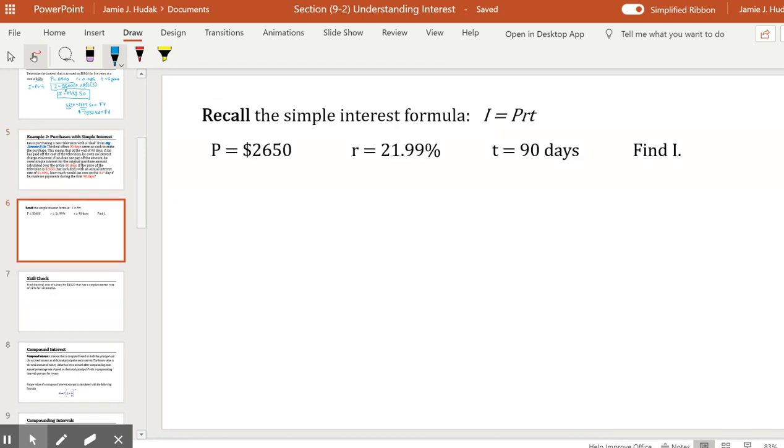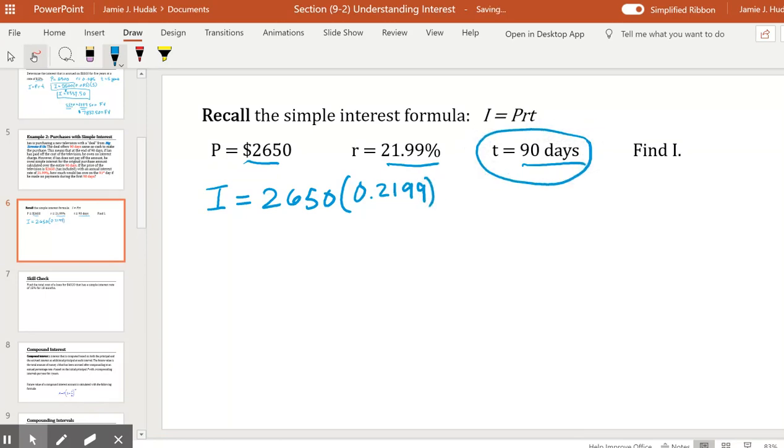So we want to recall the simple interest formula. And from the problem, we have the principal of $2,650, the interest rate of 21.99%, and the time of 90 days. Our goal here is to find I right now. So I is equal to 2,650 times, we want to change 21.99% to a decimal. And we need to convert 90 days to a term of years.